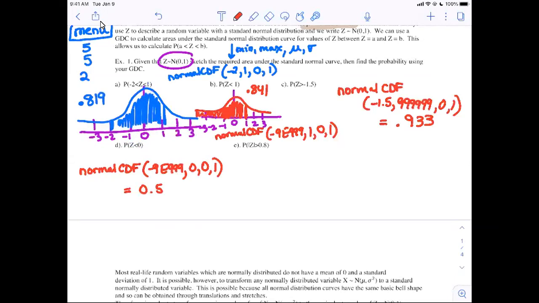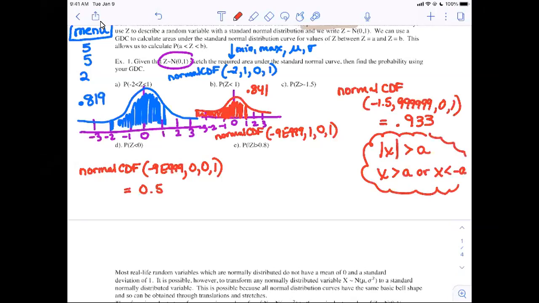All right, now let's look at letter E together. And this one, I don't know if you remember this. If you have the absolute value of x is greater than a, you did this back in algebra 2, because this is going to appear in homeworks.